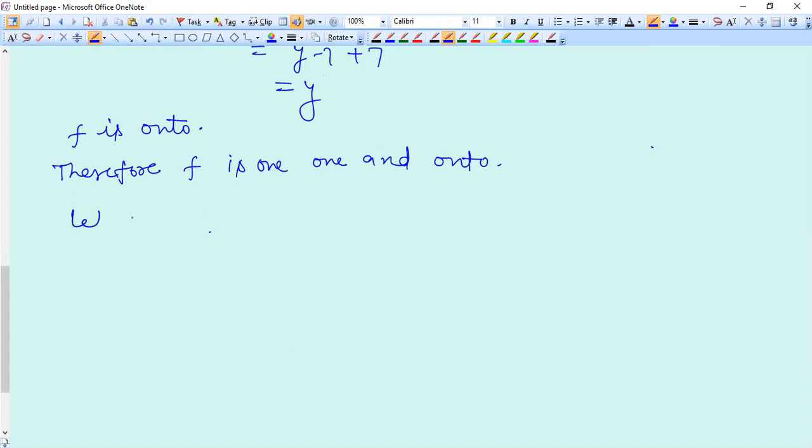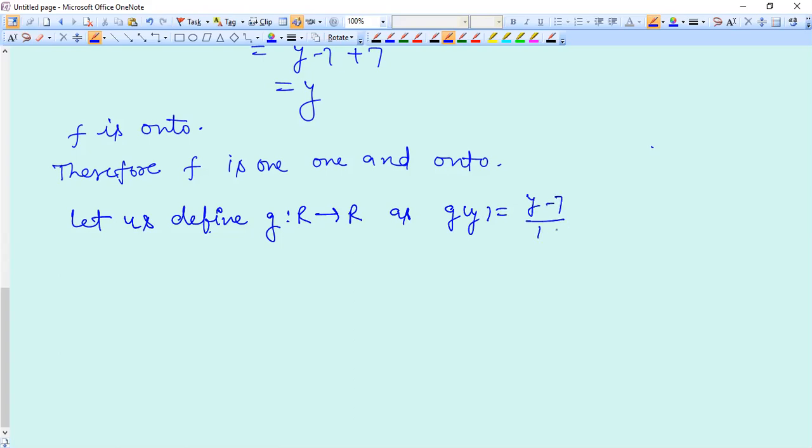Let us define g such that real numbers to real numbers, R to R, as g(y) is equal to (y minus 7) upon 10, which is the inverse of f.